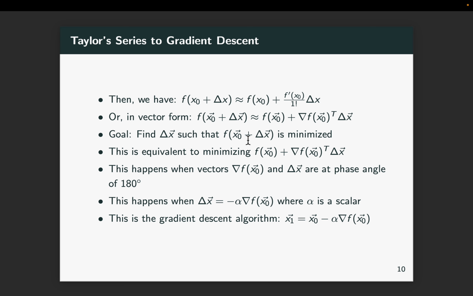Right. So we wanted to choose delta x such that f of x naught plus delta x is minimized. If we look at this expression, f of x naught plus delta x, it contains two terms: f of x naught, plus the gradient of f evaluated at x naught times delta x. Now, f of x naught is a fixed value at that point. x naught is given to you, so f of x naught is a fixed scalar.